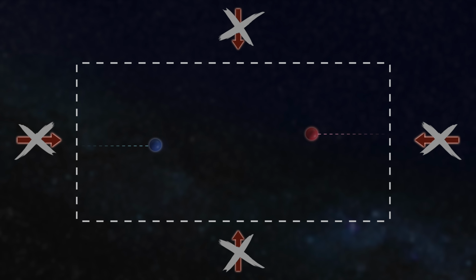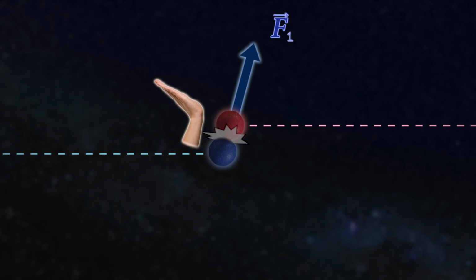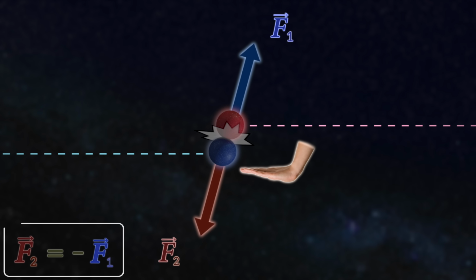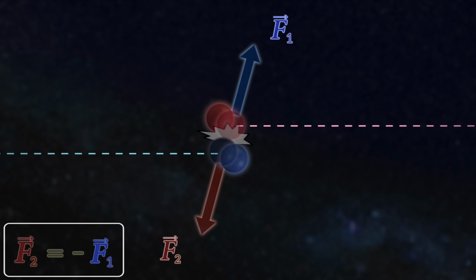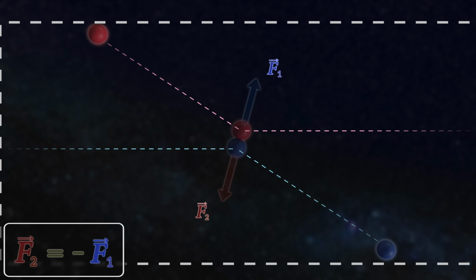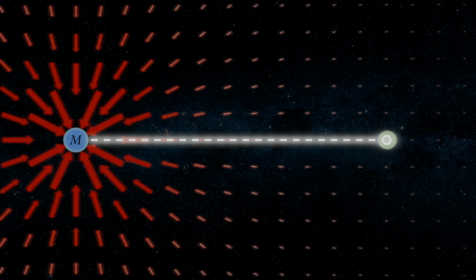Indeed, if no external forces are acting on a system, then Newton's third law states that when one body acts upon another, that body has to react equally and oppositely. Now, in Newtonian physics, force fields like gravity act instantaneously across a distance.